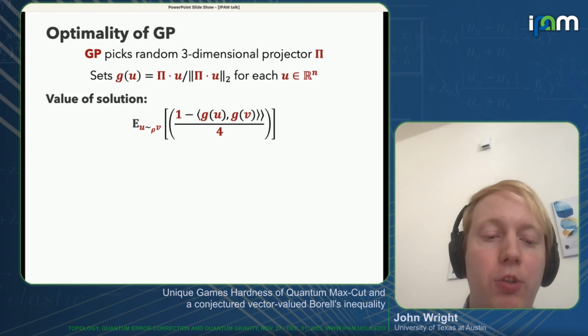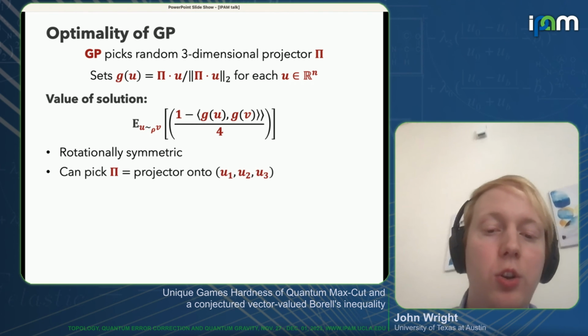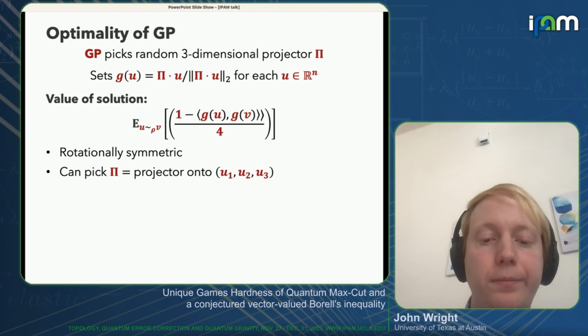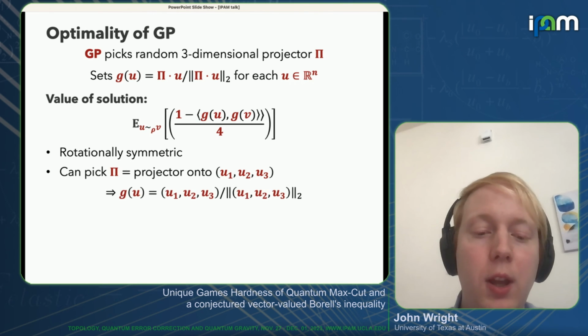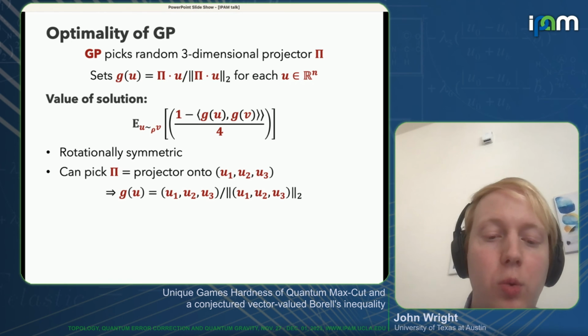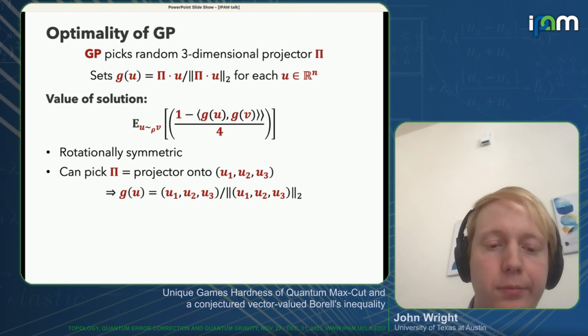Again, this is rotationally symmetric, so we might as well assume that pi projects u onto the first 3 coordinates. And in this case, g(u) is just going to project you onto u1, u2, and u3, and then normalize it.